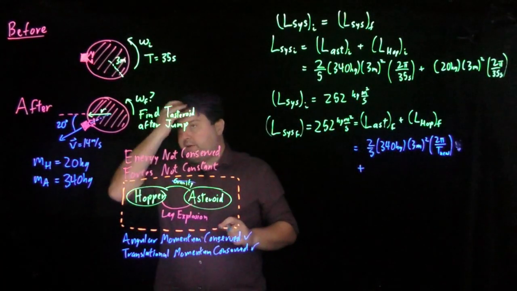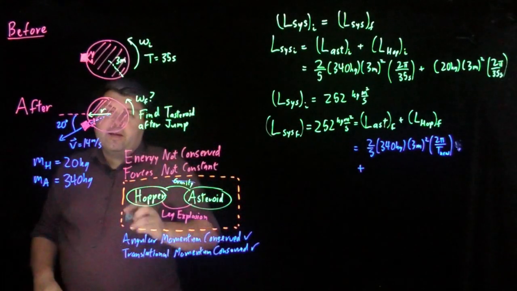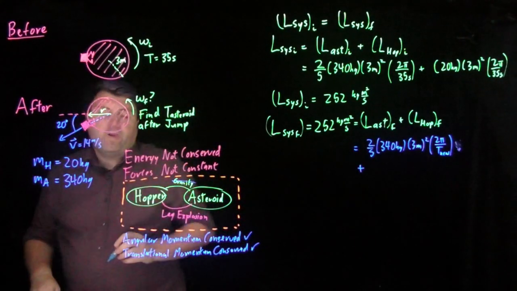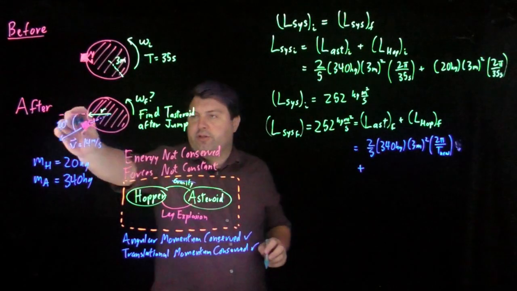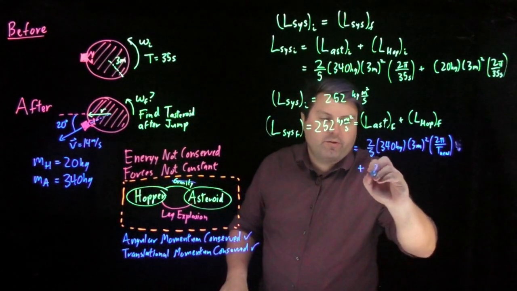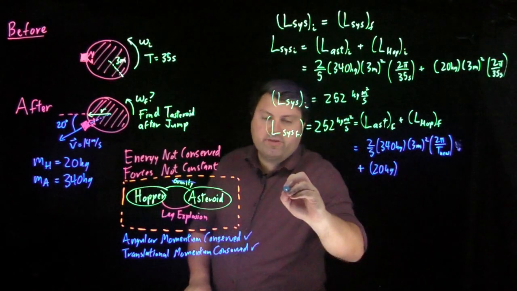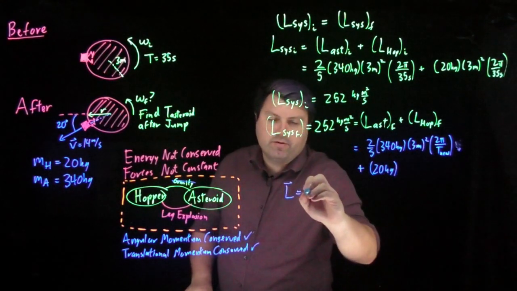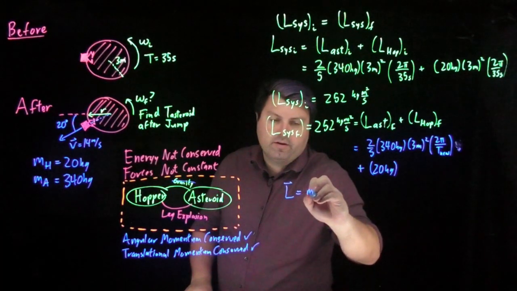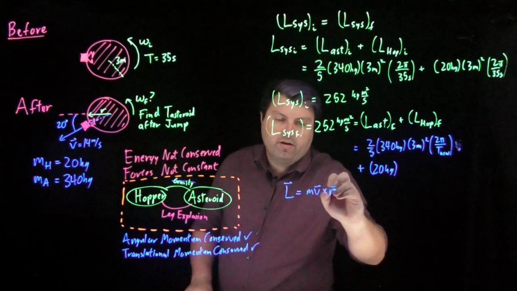Our hopper now is just a particle moving. It's starting out just away from it, so it's still got 20 kilograms. And we can use instead that L is equal to m v cross r.